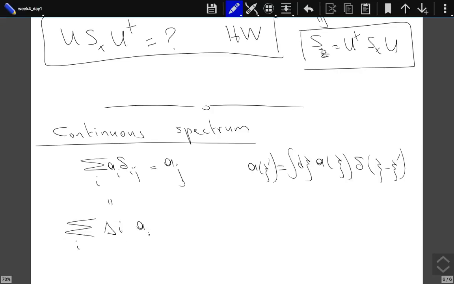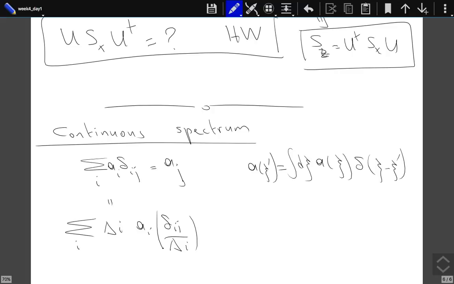Kronecker delta_ij over delta i, where delta i is nothing but the separation between our eigenvalues. When we are going to the continuous spectrum, basically this delta i goes to 0. In a given interval at least, we have infinitely many eigenvalues. So the summation over the eigenvalues of the separation of the eigenvalues times something, in the limit delta i goes to 0, is nothing but the Riemann definition of the integral.